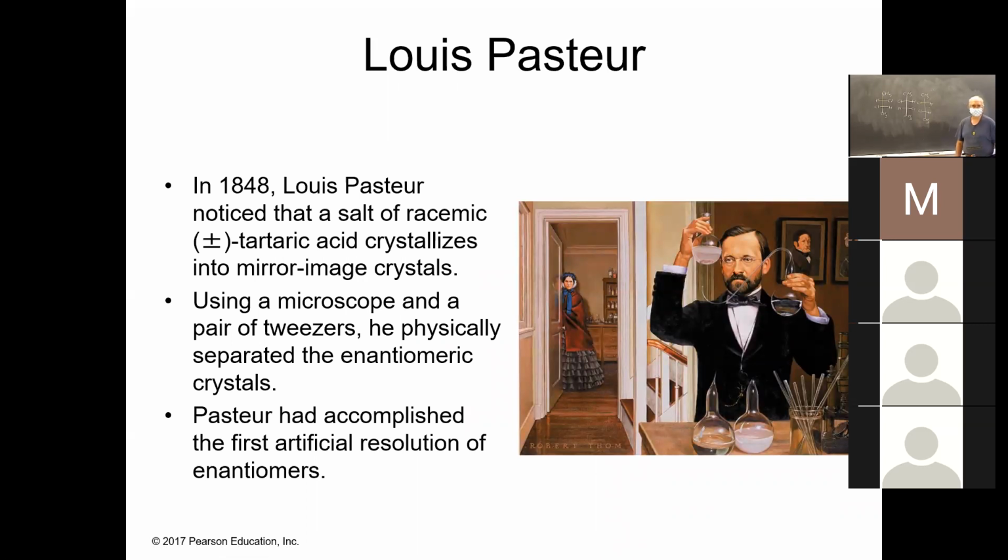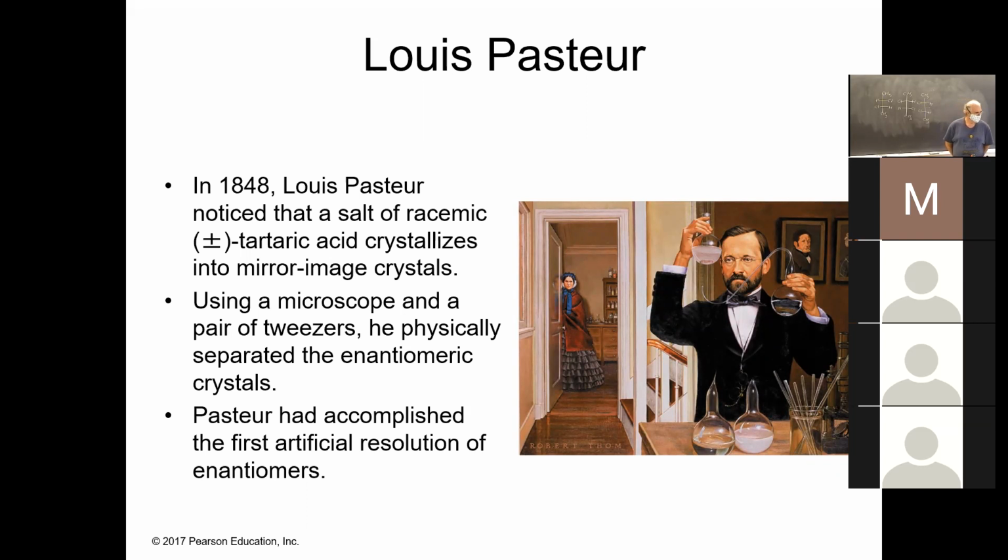The very first separation of enantiomers was done in 1848 by Louis Pasteur. Louis Pasteur lived in France. The French government was very interested in the chemistry of wine, and they supported a lot of his work.